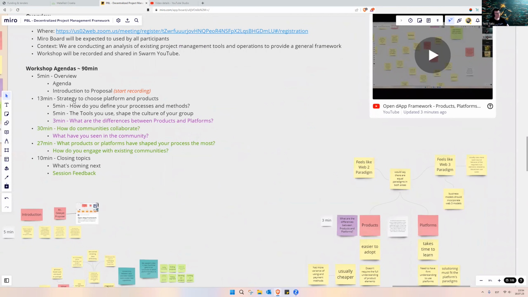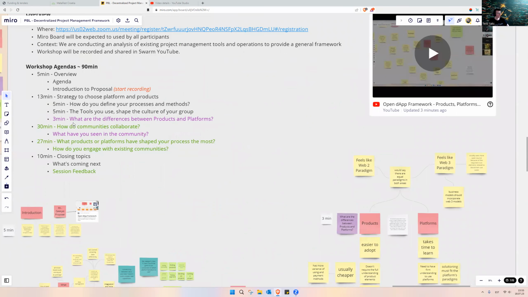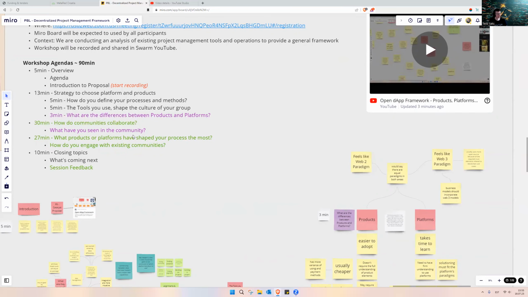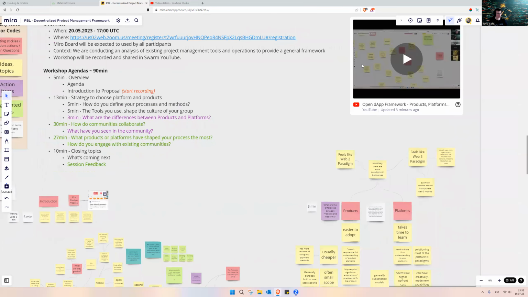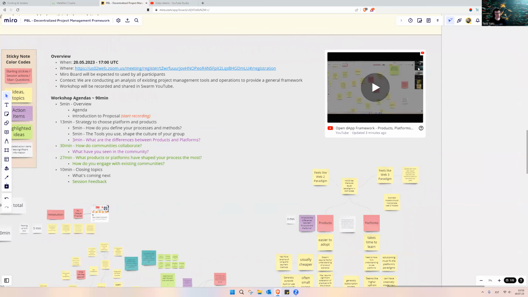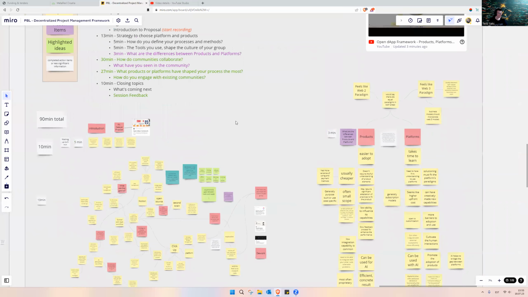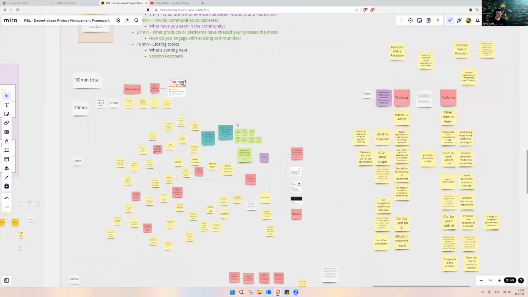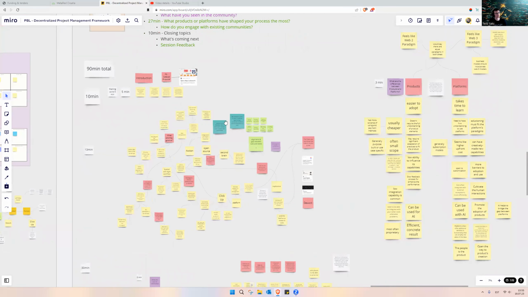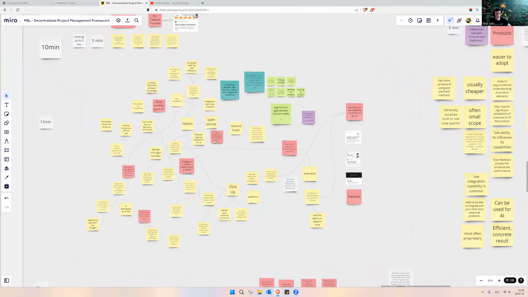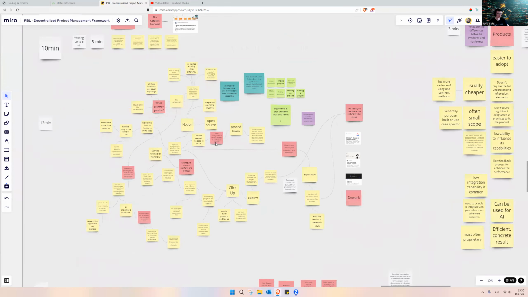For example, strategy to choose a platform and products, how do communities collaborate, and what products and platforms have shaped your processes the most. You can see our video on YouTube. It's uploaded there. And right now, I'm creating an overview to give you the lessons learned from this, and how can you do more of these discussions.